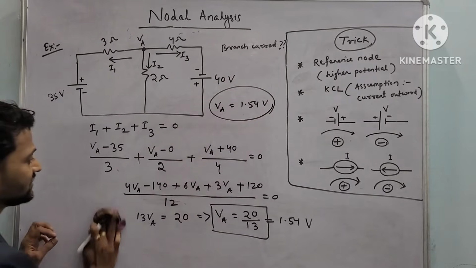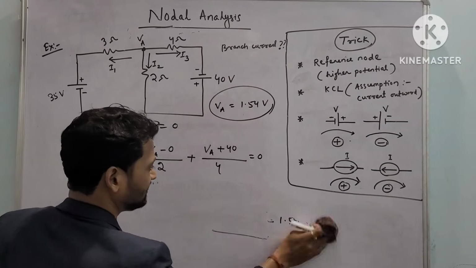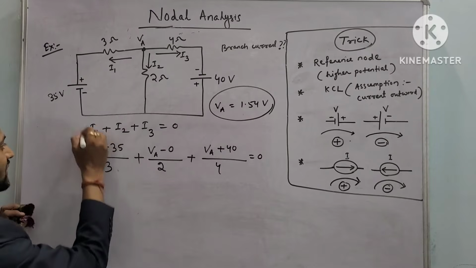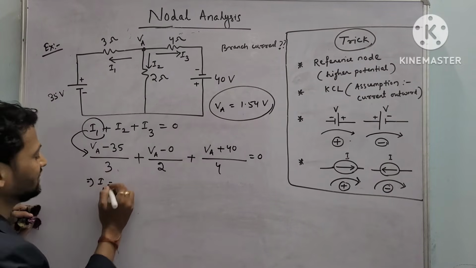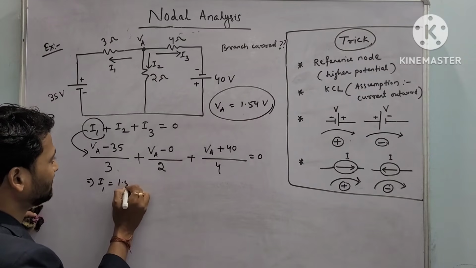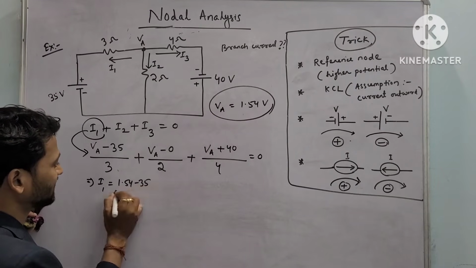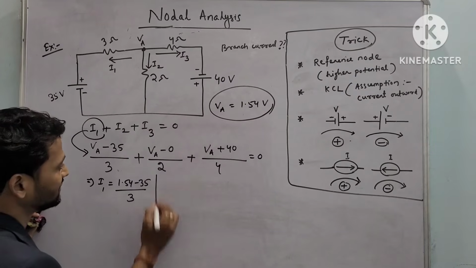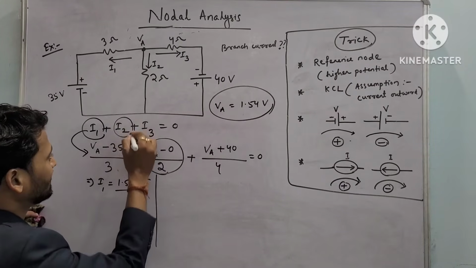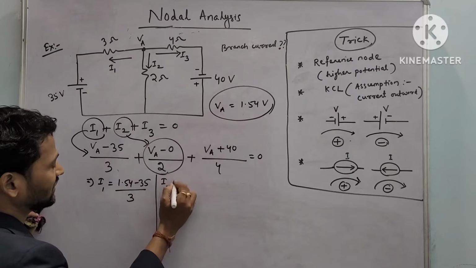Then next we'll find the branch currents. To find I1, how much will it be? VA is 1.54 minus 35, upon 3. Similarly for I2, how much will it be?